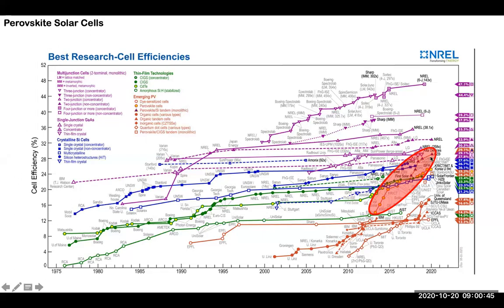Nowadays the best efficiency is about 28% in the latest development. And the blue curve, which is silicon based, really took more than 30 years of development to get to that stage. So there's a lot of hype in these materials.